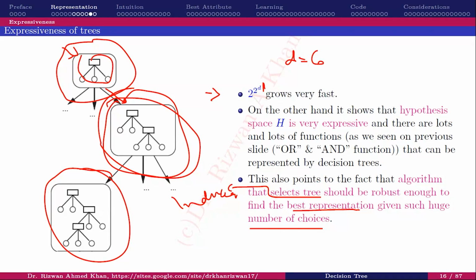It's more than a billion. A billion is 10 to the 12, so probably trillions. But this is a huge number only for d equal to 6. And consider we have a feature vector of 100 dimensions, 200 dimensions. I don't know what number it would be, but it is a huge number, right?